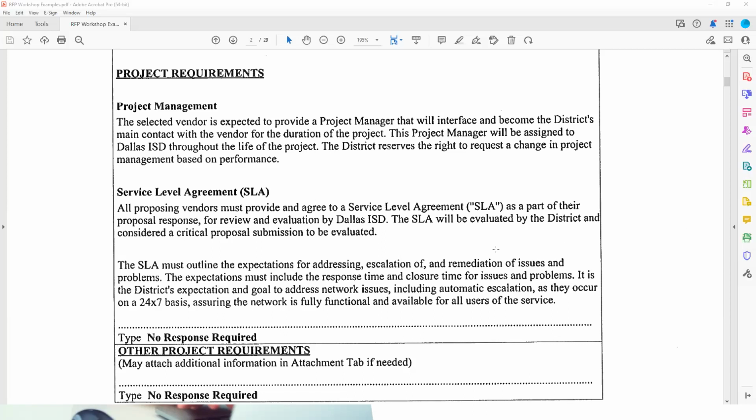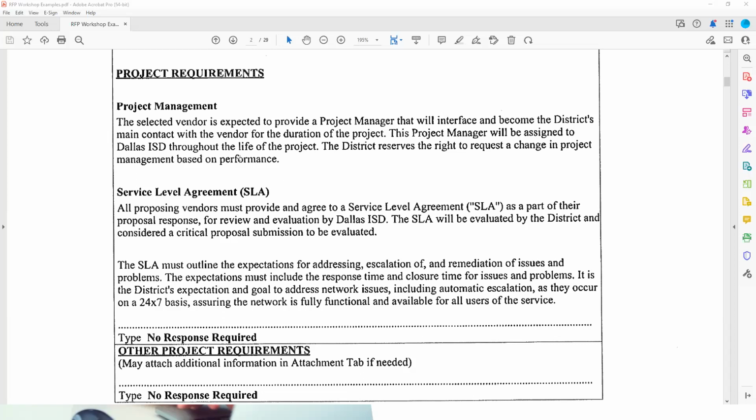The selected vendor is expected to provide a project manager. So I'm going to stop right there. They're letting you know right now that the selected vendor is expected to provide a project manager. So we're going to put that on our checklist that we need to have a project manager for this contract that will interface and become the district's main contact with the vendor for the duration of the project.